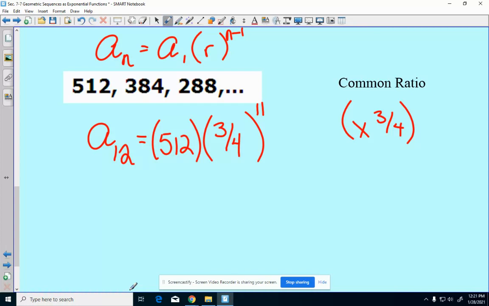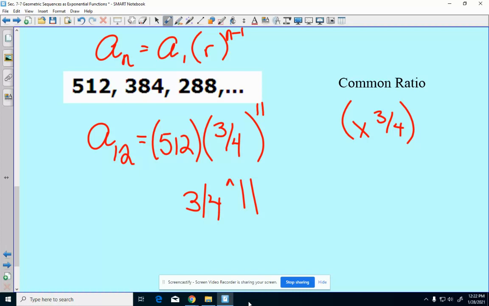We don't always put all those parentheses to go around our work. Any time that I substitute a value in, I always put it in a set of parentheses. And yes, if you typed in exactly what you saw, you would be in good shape. But if you did not, you wouldn't be. Because if you type this into your calculator, 3 divided by 4 raised to the 11th power, your calculator would say, well, there's division and there's a power.